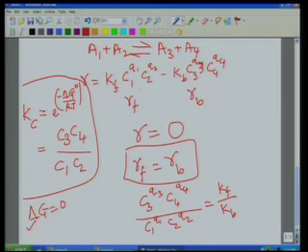Since both conditions are looking at the same equilibrium, there has to be consistency between these two. For example, my equilibrium constant Kc is now Kf by Kb. What does it imply?